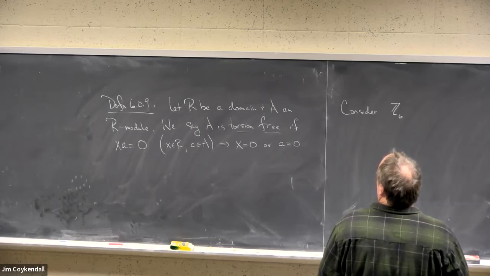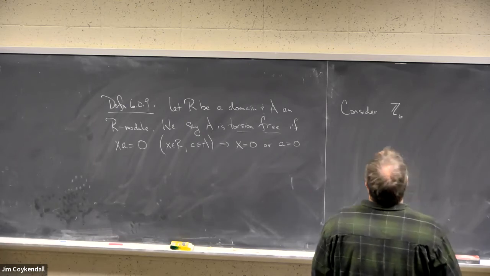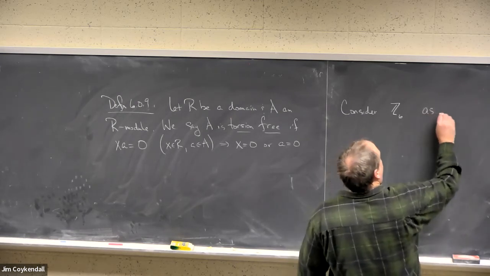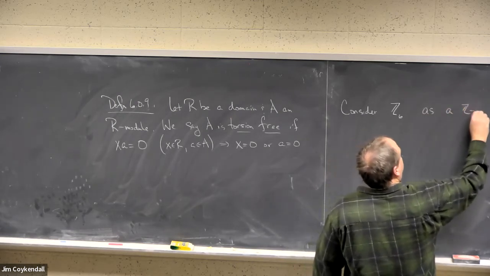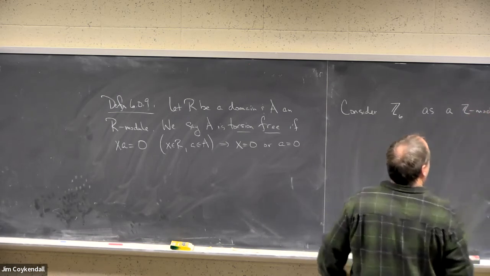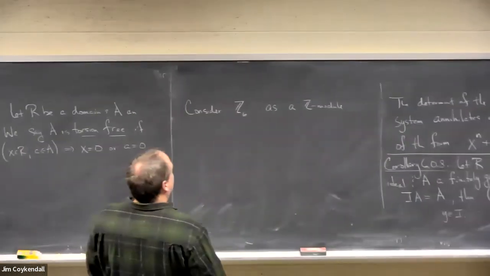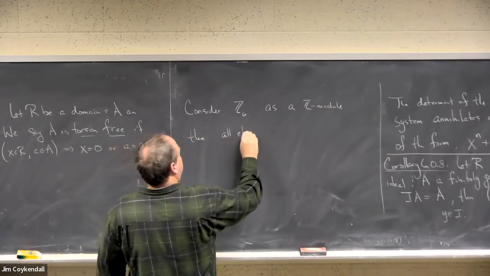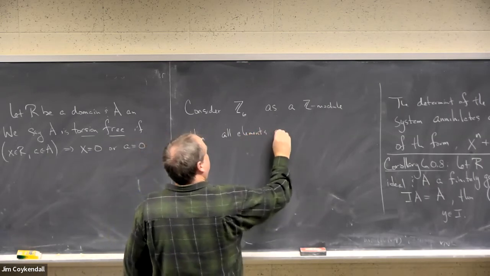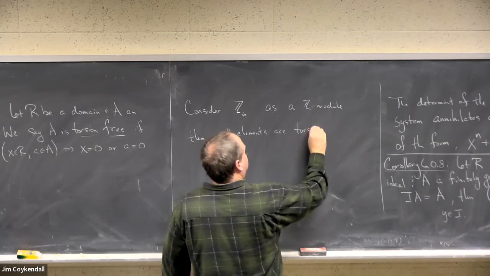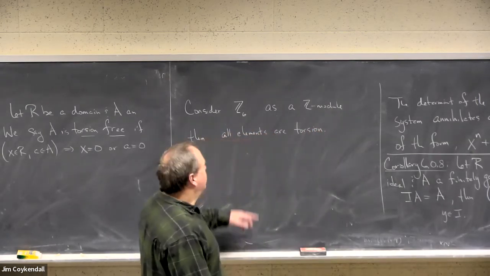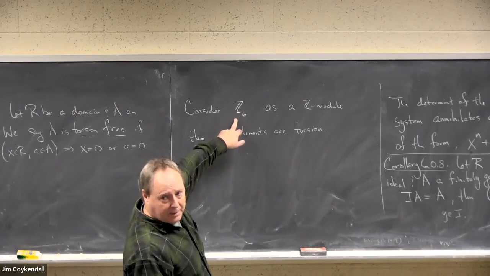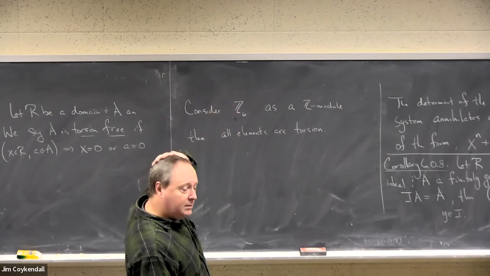If you look at Z6, and here Z is of course a domain, then all elements of Z6 are Z-module torsion, because if you take any element from Z6 and multiply by 6, you get 0.